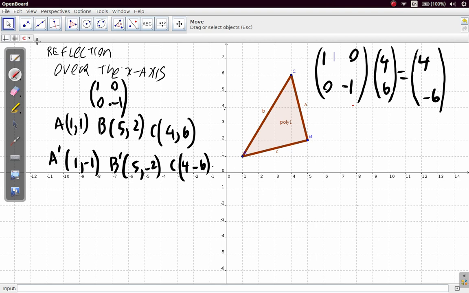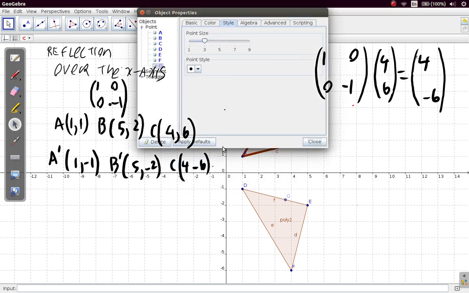So let's draw our new triangle and see what it would look like. We have 1, negative 1, the first point, here. Then 5, negative 2, that's right here. The third point is 4, negative 6, so we add it right here, and let's close it. Alright, so there we have our new triangle.